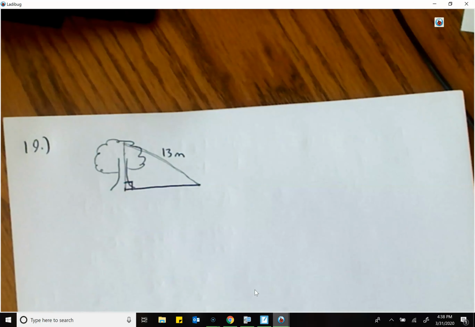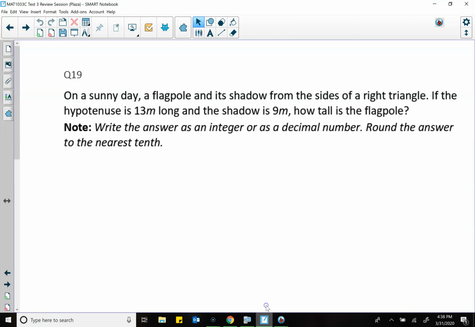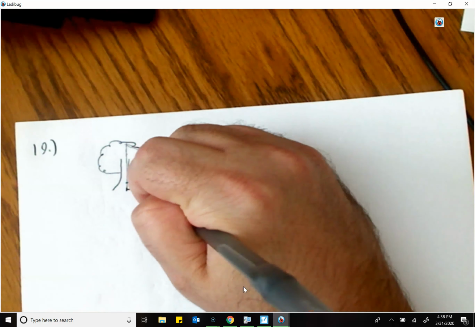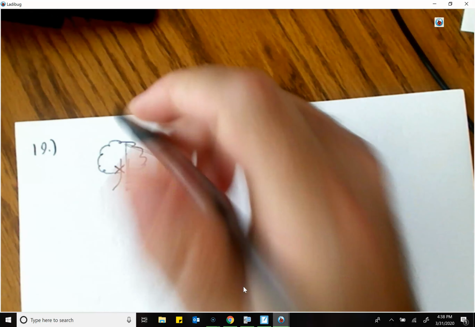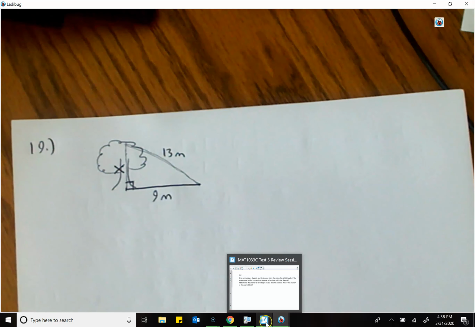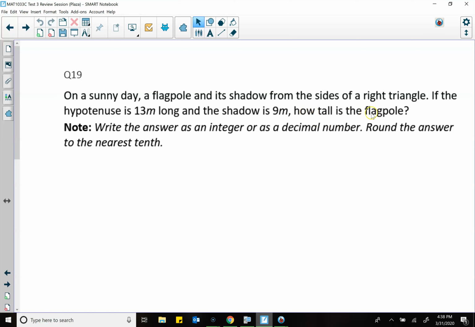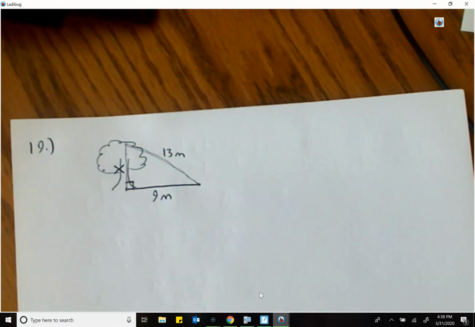That's right here, and I think it was 9 meters. Yep, 9 meters. They want to know how tall is the tree. Just to double check. Oh, how tall is the flagpole? Sorry, it was a flagpole. I drew a tree. Same thing. My bad. Flagpole, tree, all the same.